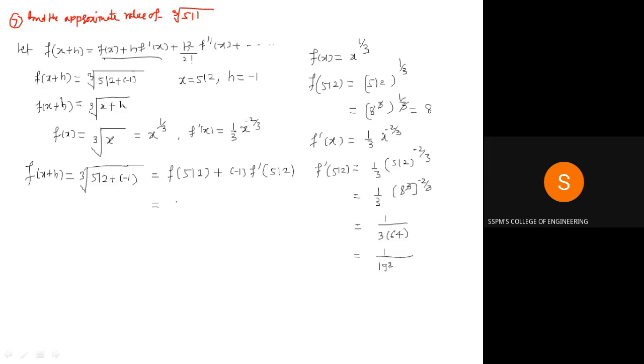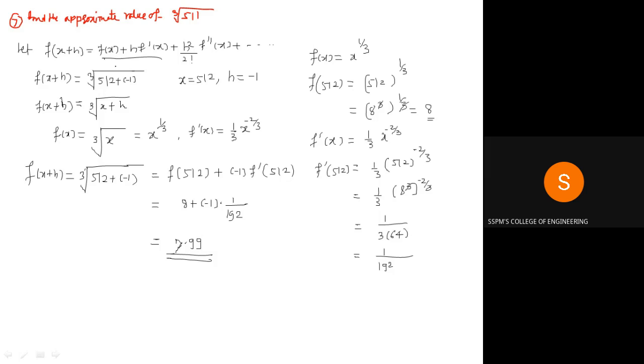So f of 512, तो f of 512 आप लोगों को कौन सी वैल्यू मिलती है? तो 8 वैल्यू मिलती है. देखो यहाँ पे 8 लिखना. So 8 plus -1 times into 1/192. And after simplifying, so what value will be there? That is equal to 7.99. सही ऑप्शन होता है. This is what correct option in this fashion.